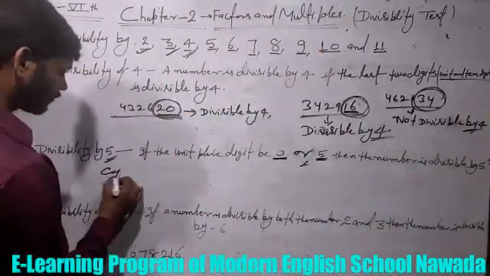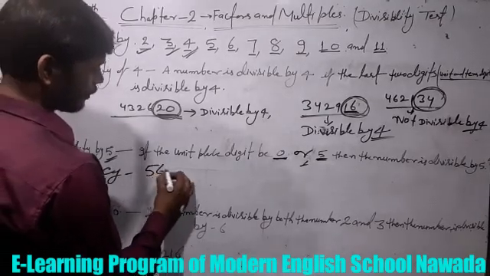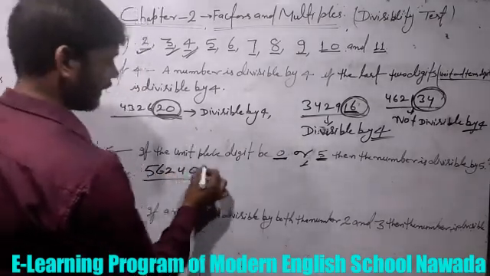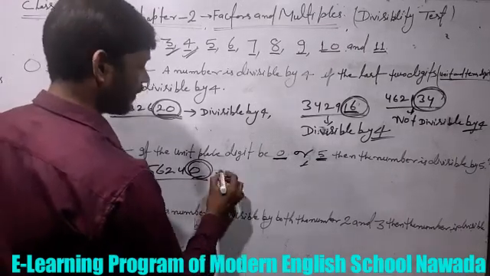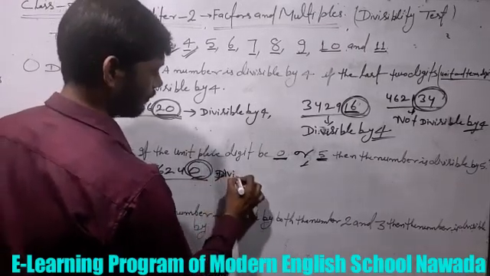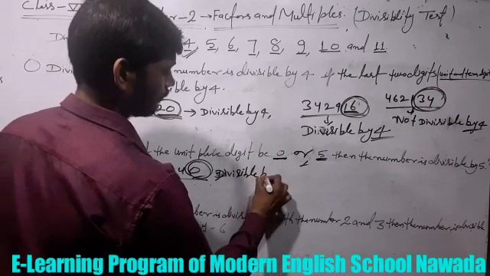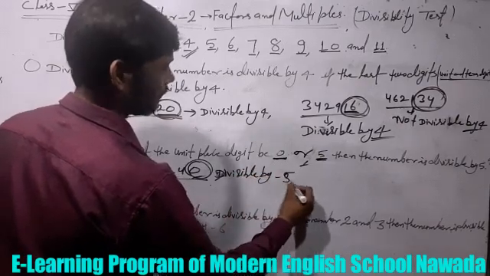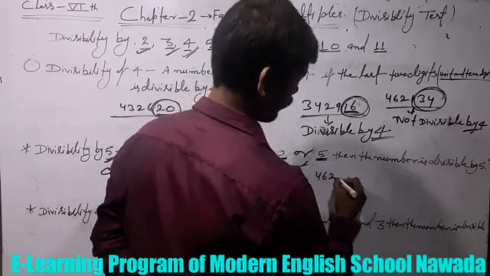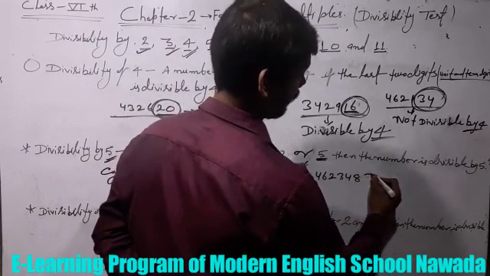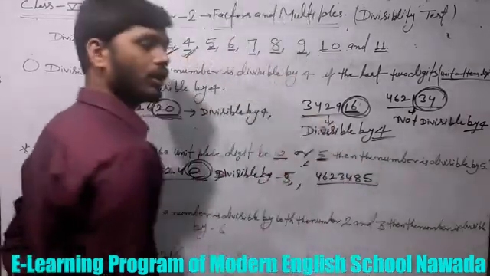Example, 56240. Here the unit place is 0, so it is divisible by 5. Observe another question, 4623485.